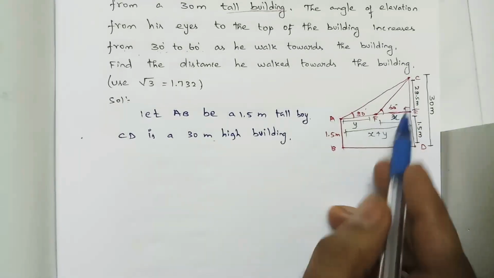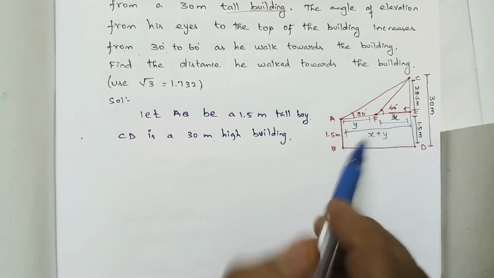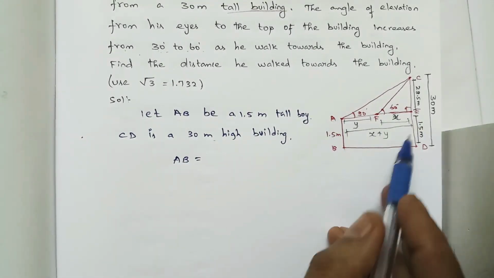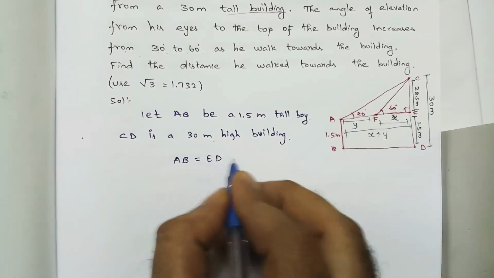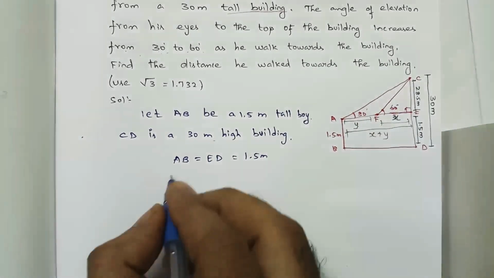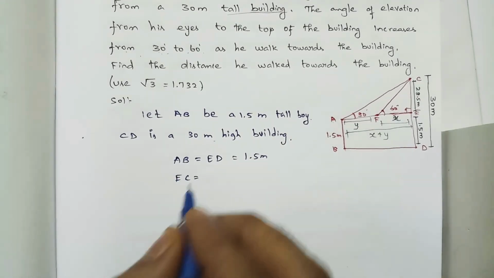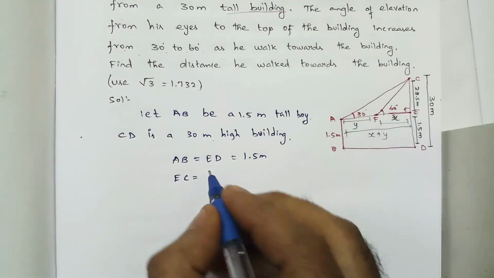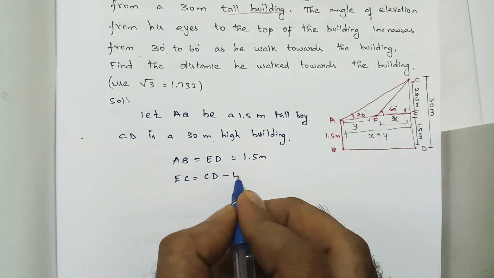We have two right angle triangles, and we know that AB is equal to ED, both is nothing but how much? 1.5 meter, and EC is equal to CD minus ED, right? CD minus ED.